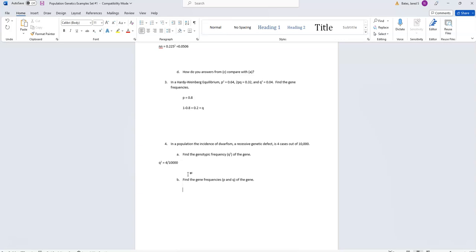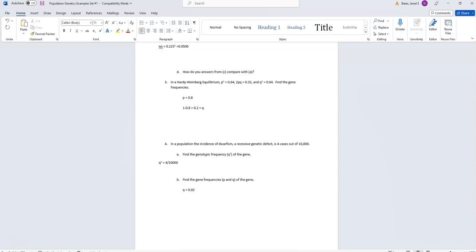So when I find the gene frequencies, first I'm going to find q. How do I find q? I'm just going to take the square root of q squared, which is the square root of 4 over 10,000. Do the square root of that, and you should get 0.02.